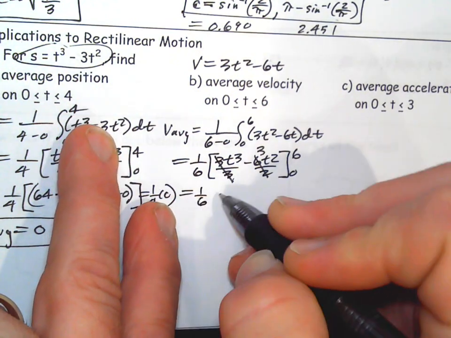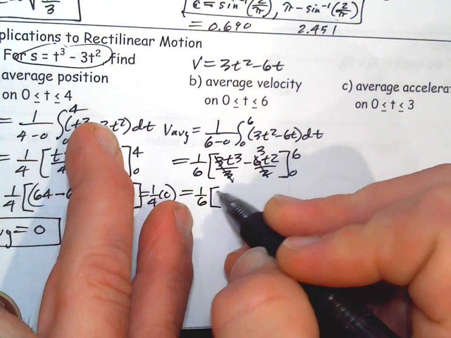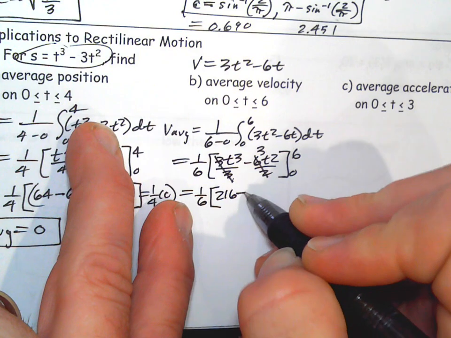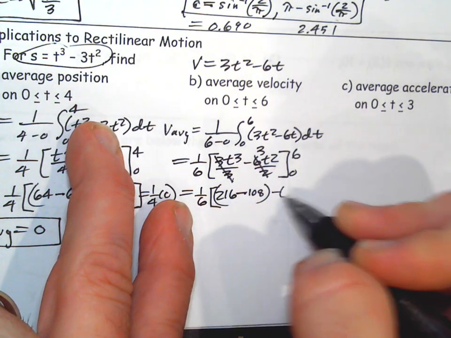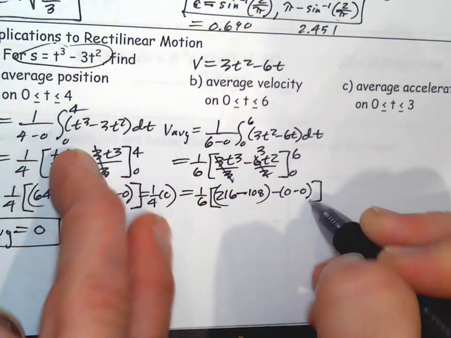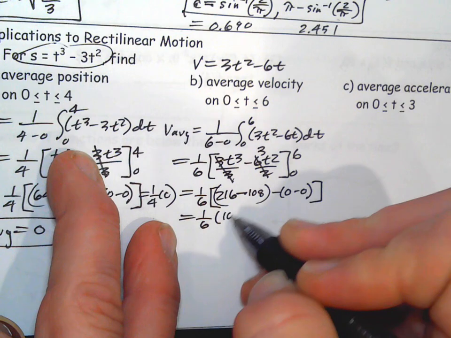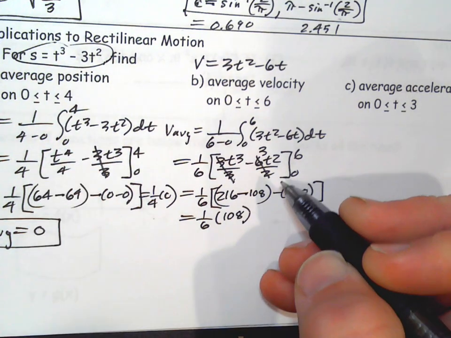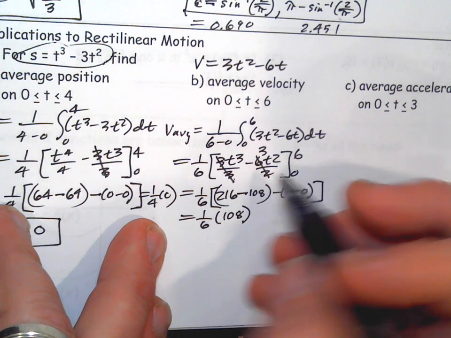So it's a little extra work. So it's going to be 216 minus 108 minus 0 minus 0. It's going to be 1/6 of 108. So that's going to be 18.